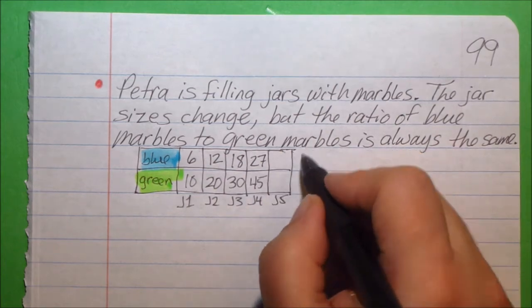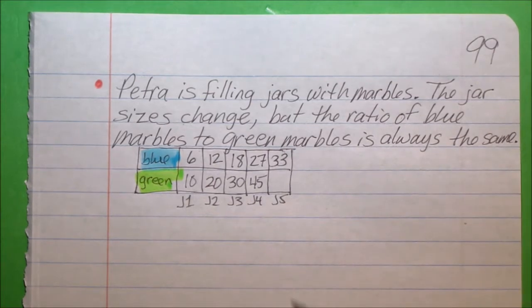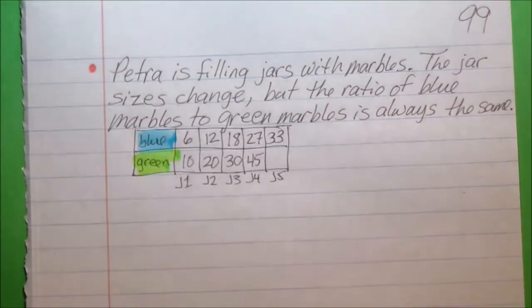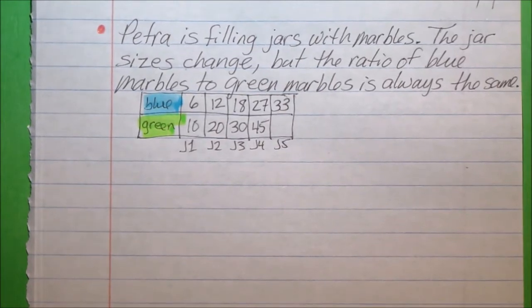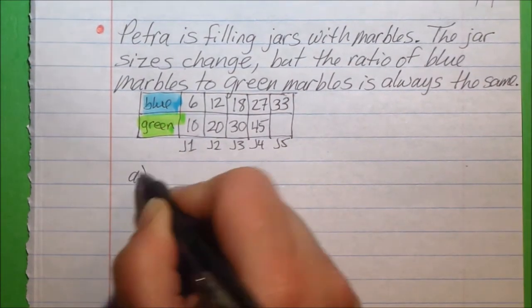In jar 5, she has 33 blue ones. And I'm not going to tell you how many green ones she has in jar 5 right now. We're going to work that one out a little bit later. All right? Okay, so here's the scenario. Now, here's where we work at finding some ratios. So, A.